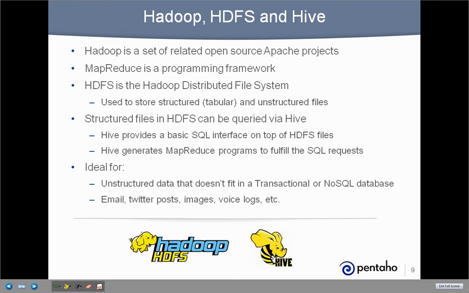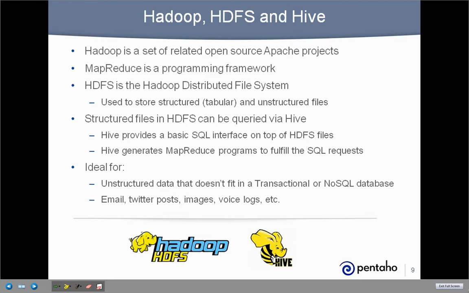And the beautiful thing about HDFS is you can store lots and lots of data, whether it's structured, semi-structured, or unstructured, and literally just dump the information out there, and Hadoop will distribute that in a way that is efficient and something you don't have to worry about. So from an administration standpoint, it's great.